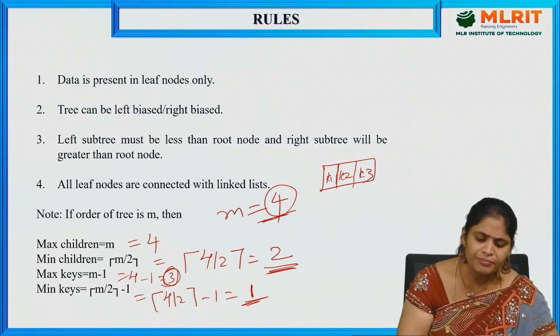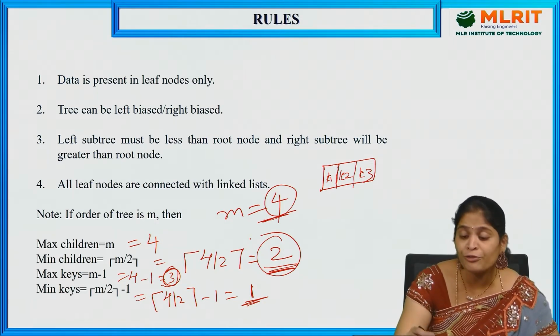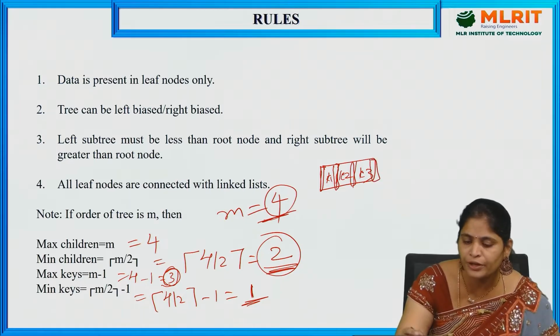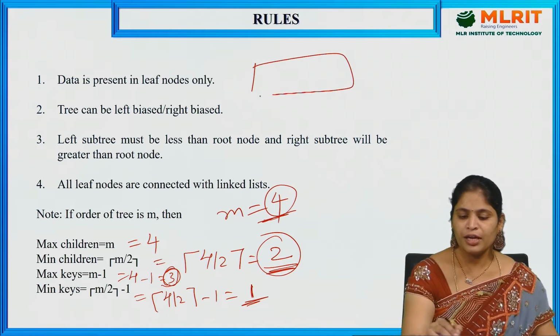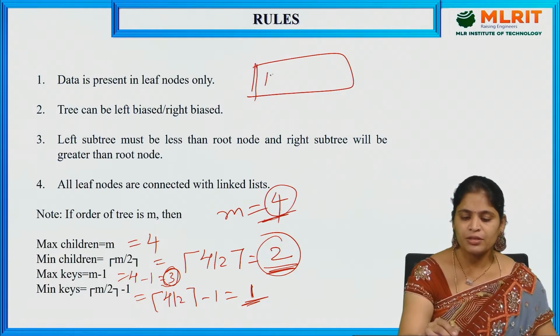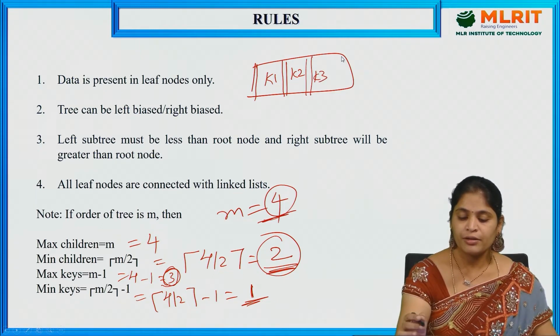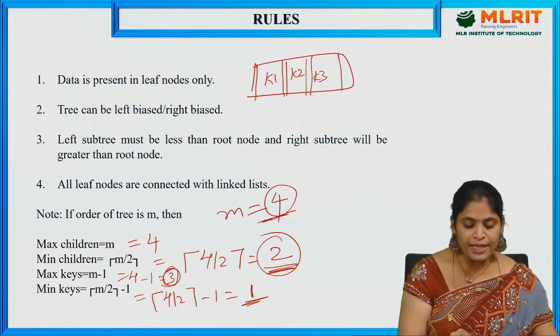Minimum children, 2. Maximum 4. How are we able to get 4? Here this is one pointer, this is another, this is another pointer, and this is another pointer. Let us consider a node like this. This is key 1, this is key 2, this is key 3, because we have only maximum keys 3.